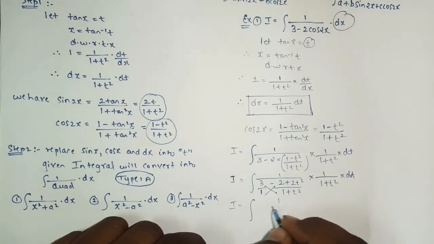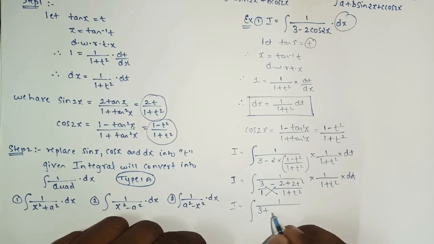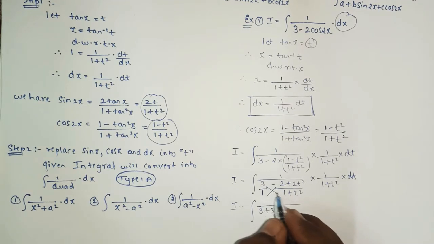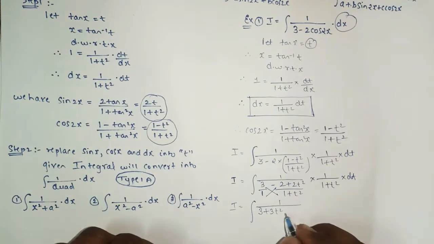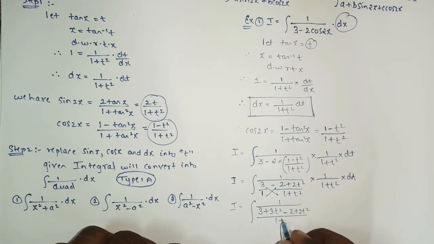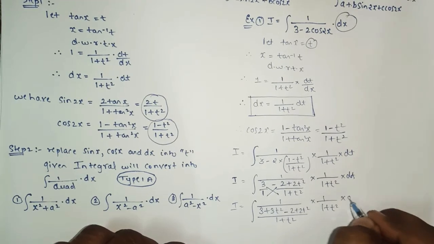So here you will get 1 upon, cross, 3 plus 3t square minus 2 plus 2t square upon 1 plus t square into 1 upon 1 plus t square into dt.